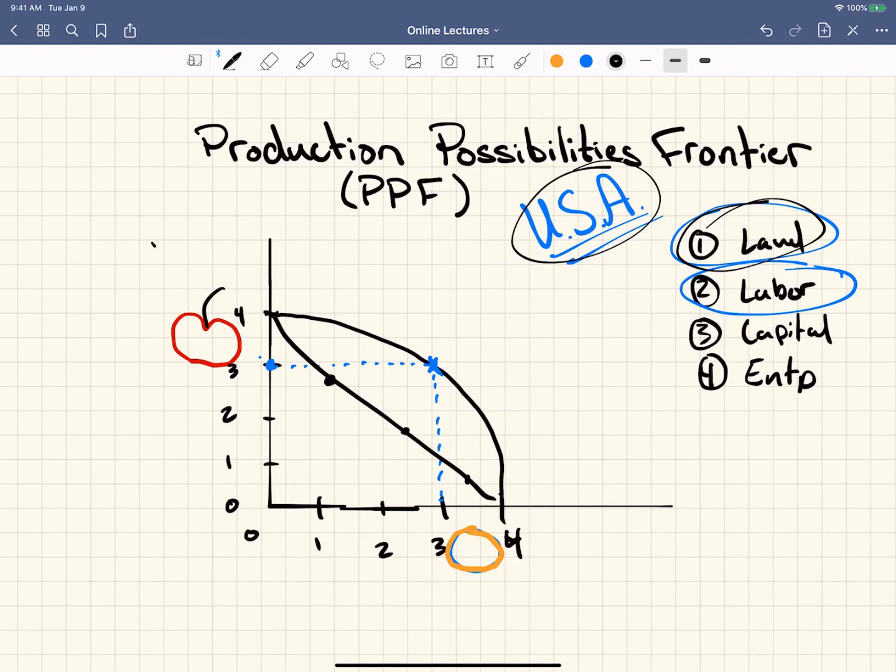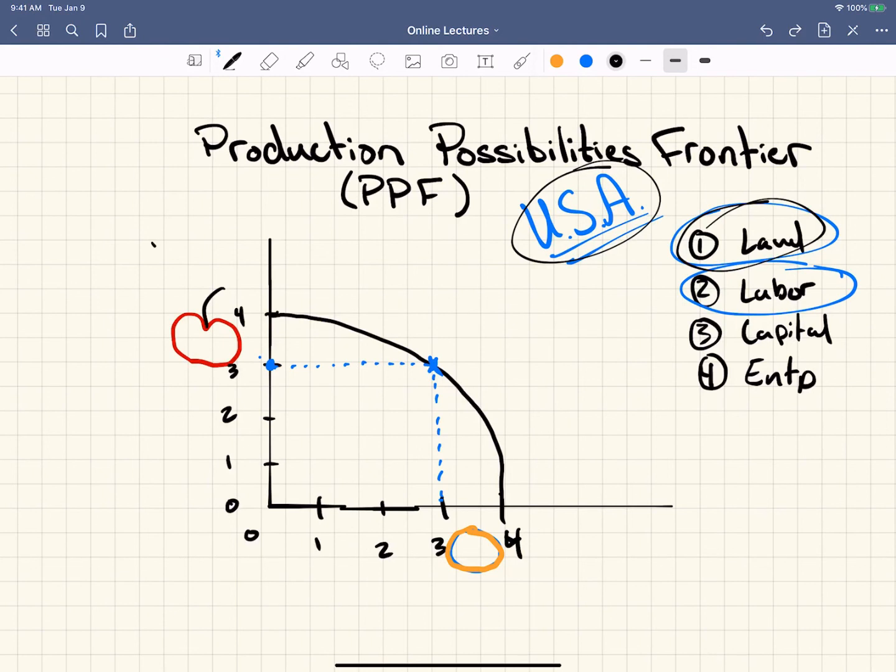But when we're talking about a curved line, the opportunity cost changes depending on what point to what point you're running. So the important thing to know is that a production possibility frontier is curved in reality, right? The more specialized you get in a single good, the less efficient you become at producing that good. However, for a lot of the calculations and calculating opportunity costs, we're going to assume straight production possibility frontiers.